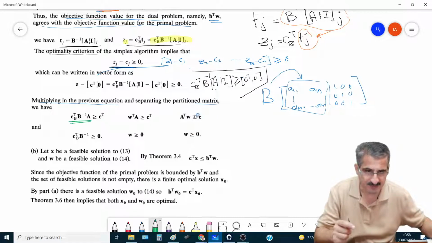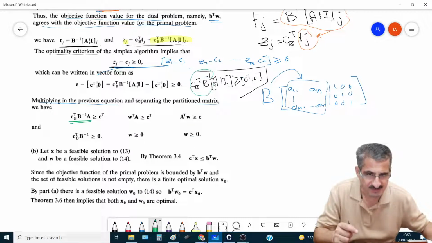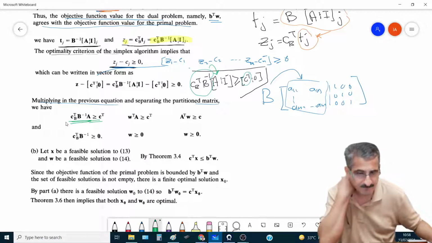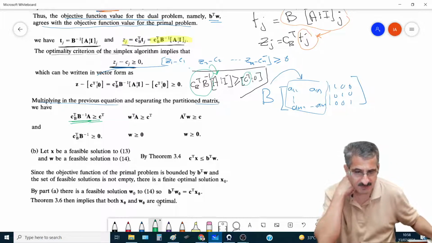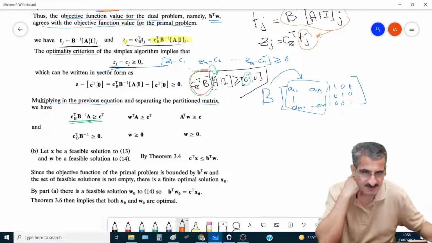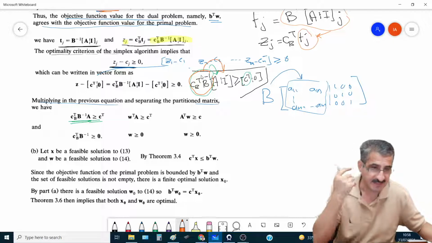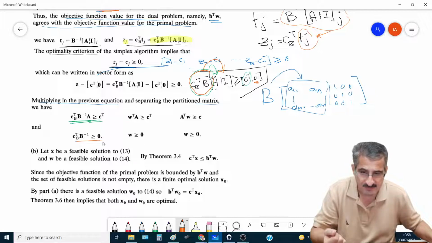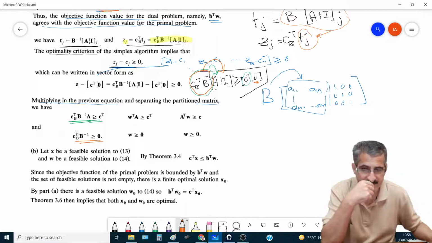So when we multiply this matrix by A, I get this, greater than this part, and this is what we have here. Now again, when I multiply this matrix with the identity, I get the matrix itself. It will be greater than this part, and this is what I get in here.